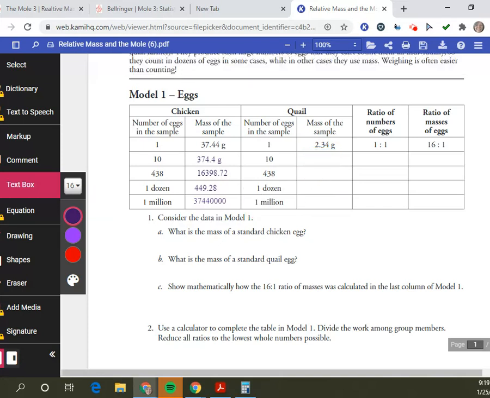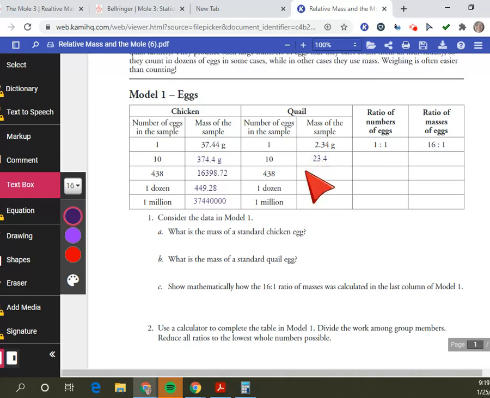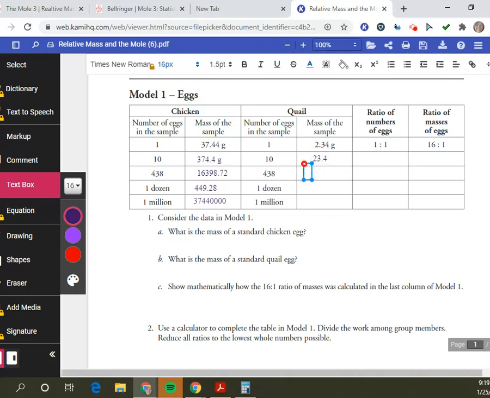That's not right. Wrong number. 2.34 times 438 is 1,024.92.